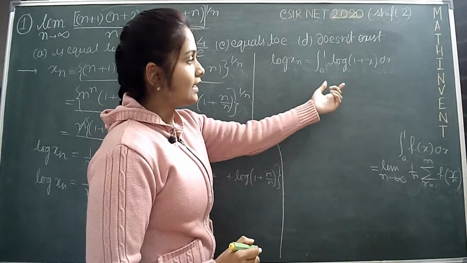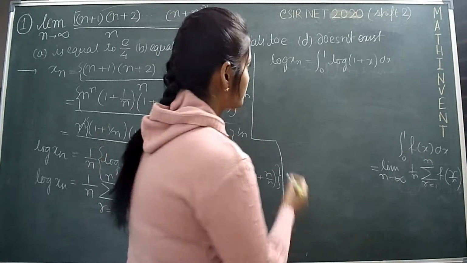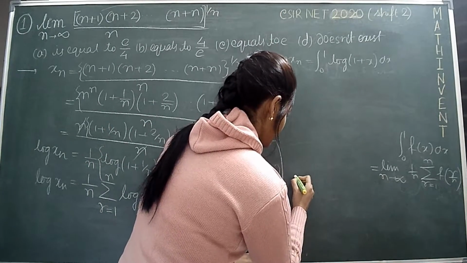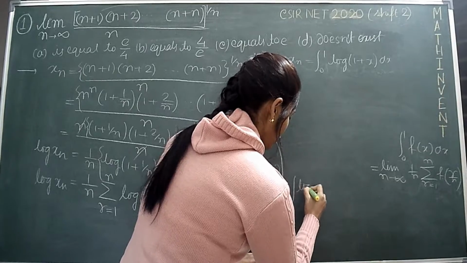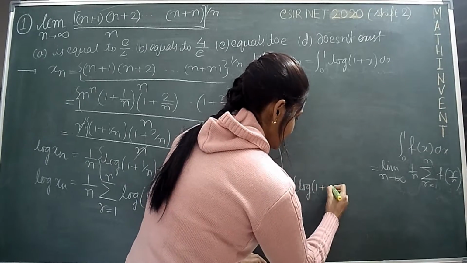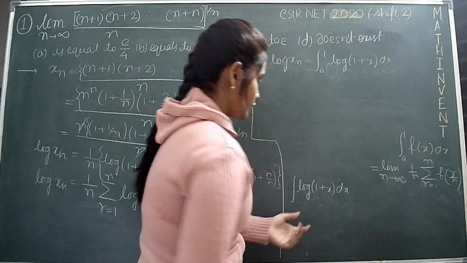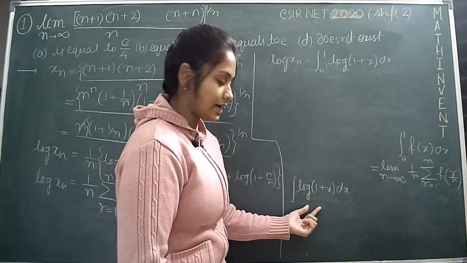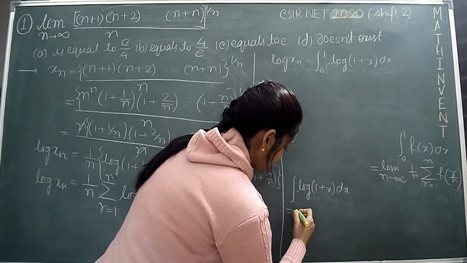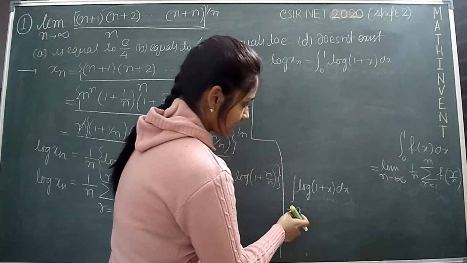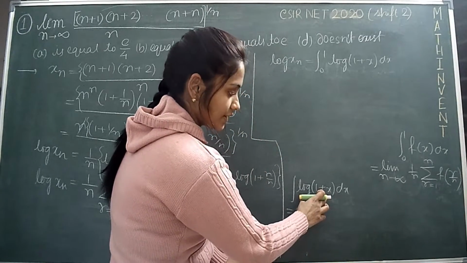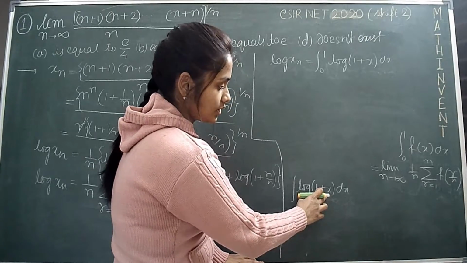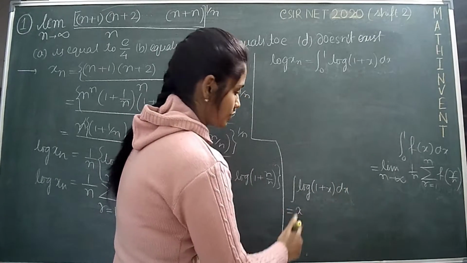So we need to find this integration first. Integration of log of 1 plus x dx. We will have to use integration by parts. We take log of 1 plus x as the first function and dx as the second function.